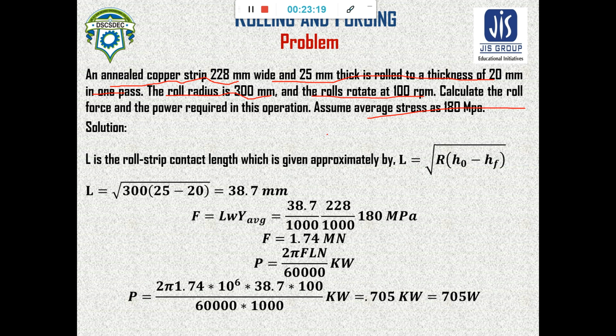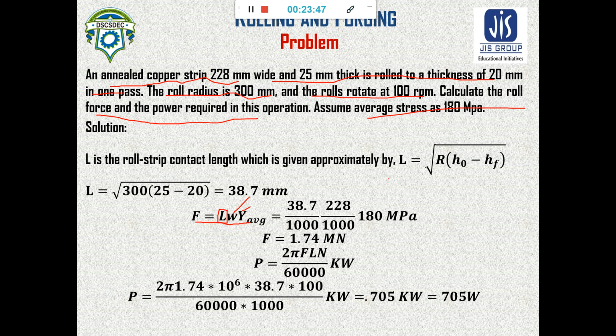First we will determine the force and power required. For calculating the force, what is needed? F is equal to L W Y average. Now W or width and Y average, these two things we know, but L is the contact length.